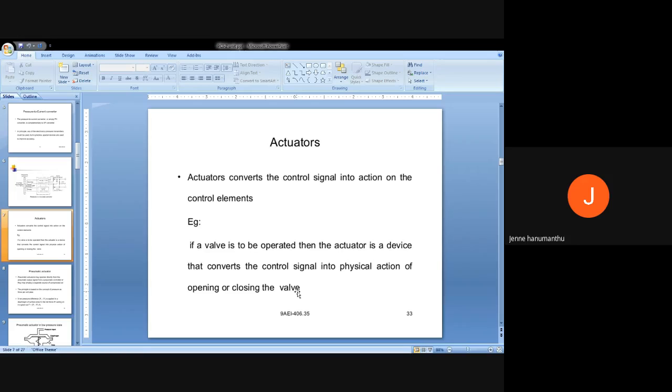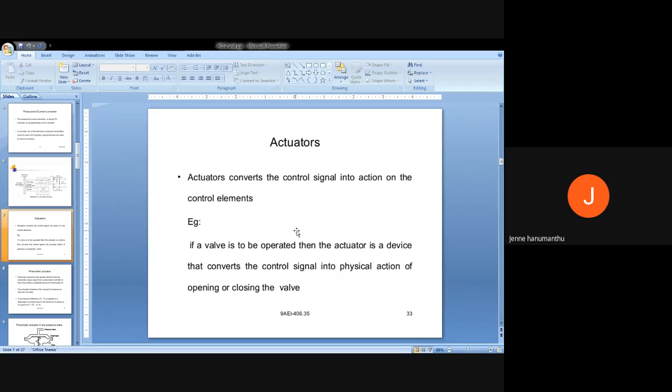An actuator converts the control signal into action. What is the control signal? The signal coming from the signal converters.